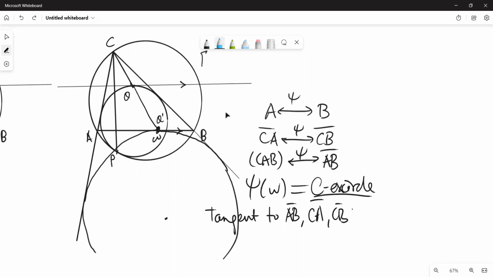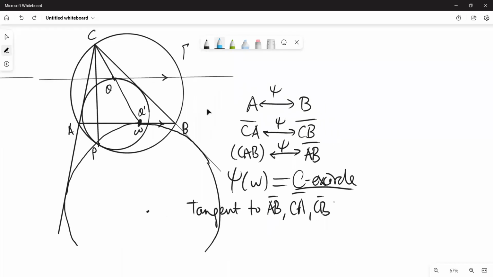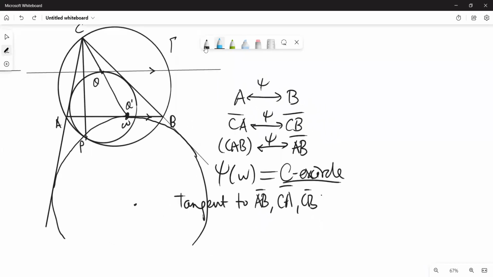Now what can we say? Where's P? Where does P go to? P itself is a tangential point of ABC and omega.